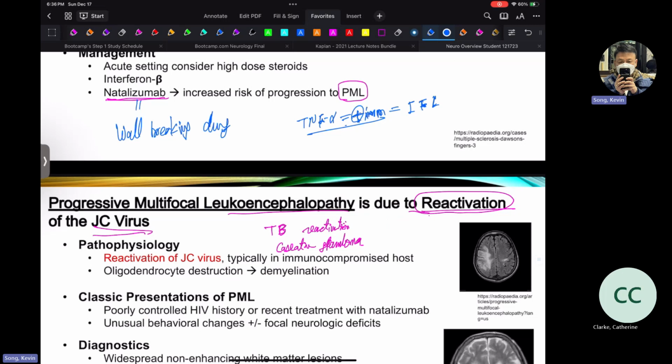So walling off, or forming the multinucleated giant cell, all those things are the immune inflammatory process, all caused by the TNF.